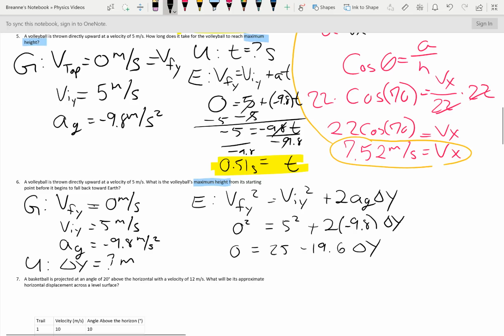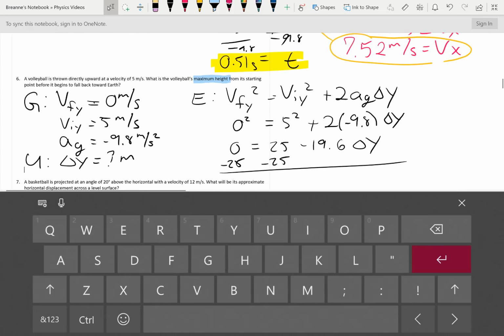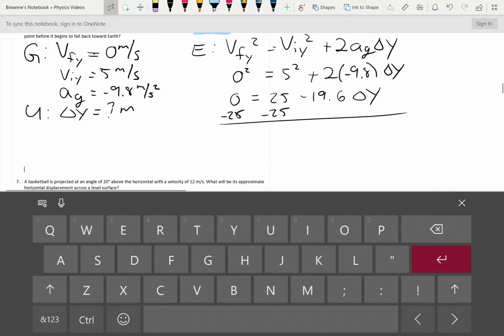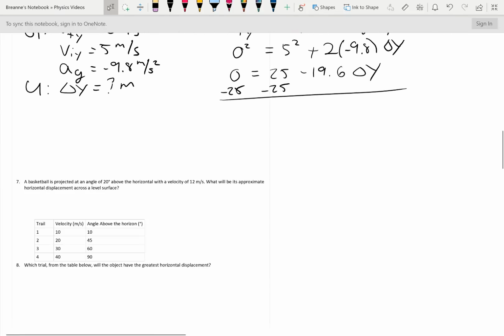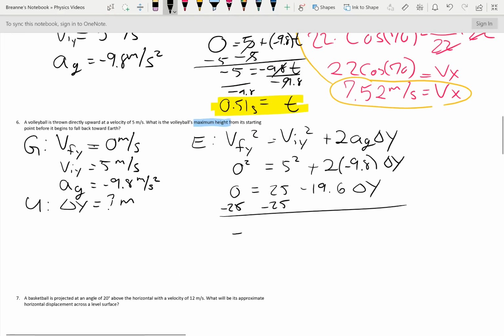Again, you can't do anything right here, so we need to bring the 25 over. We bring the 25 over, so we get a negative 25 equals a negative 19.6 delta y. To get that by itself, you divide.